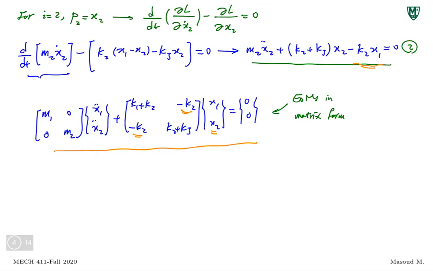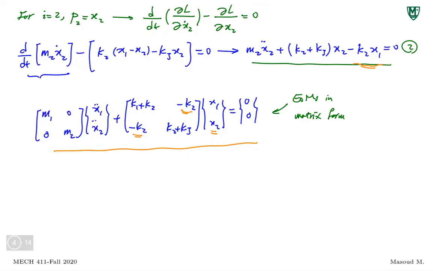Right? That's basically what happened when we were transforming into modal space. We were going from a coupled system that in each equation we have both degrees of freedom to an uncoupled set of equations where the equation of motion for each degree of freedom only has that specific degree of freedom in modal space, and we could solve it easily. So the problem is this stiffness matrix, right?